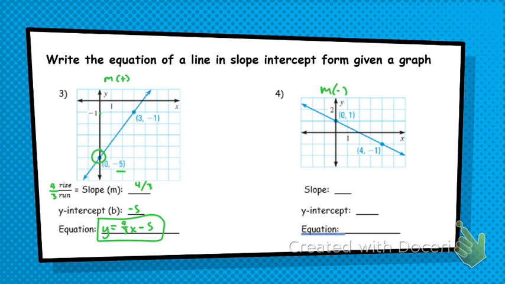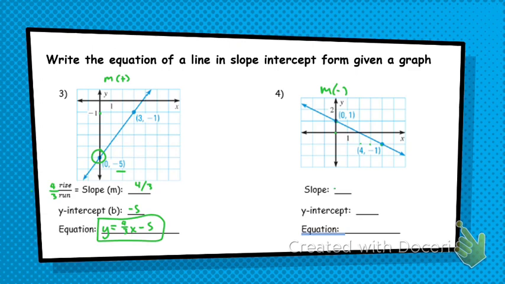This example, same idea. I'm going to figure out how far it takes me to go from one point to another. So if I fall 1 and run 2, I don't hit that. I'm just going to go to that point that's listed for me. So if I go down 1, 2, how much do I have to run to get there? 1, 2, 3, 4. Okay, so my slope here is, and remember we said it's negative, so we're falling 2 to get to that 1.